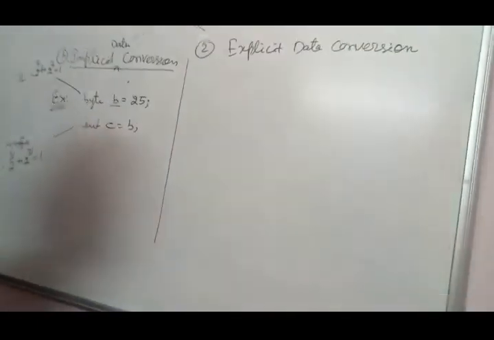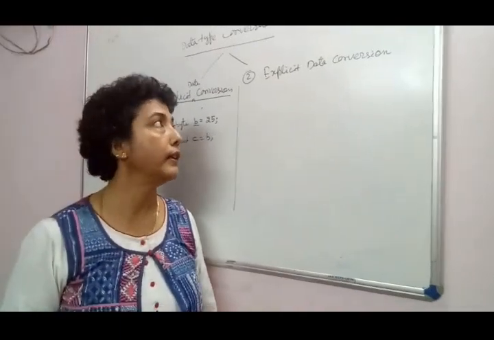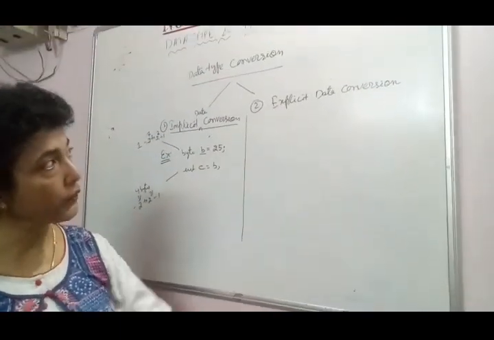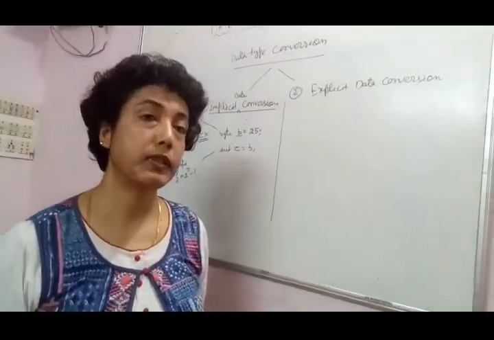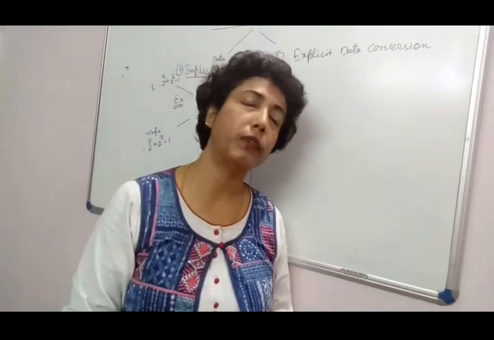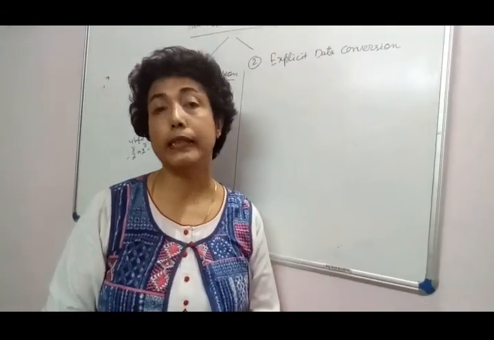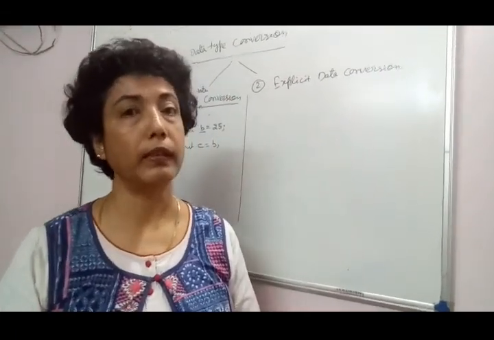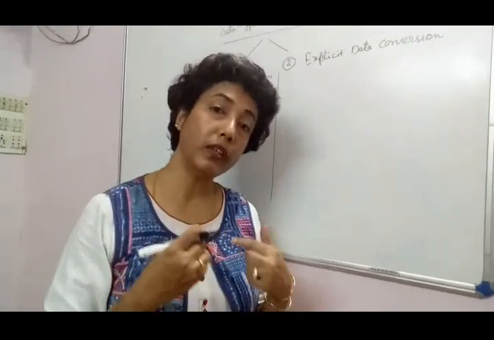Now the second one is called explicit data conversion or typecasting. This is just the opposite of implicit conversion. In this process, a value of a higher data type gets converted into a value of a lower data type. And this cannot be done by the compiler. This has to be done explicitly by the user.